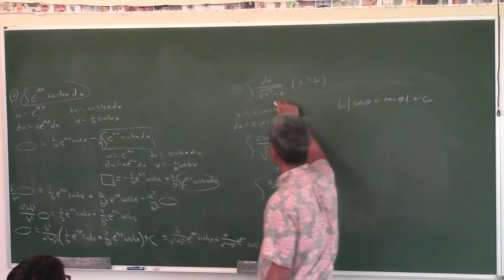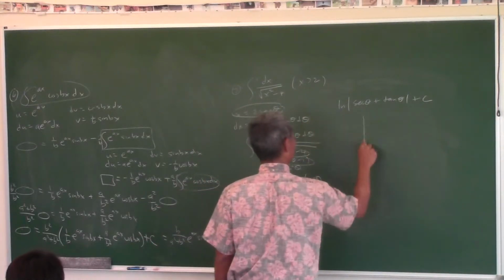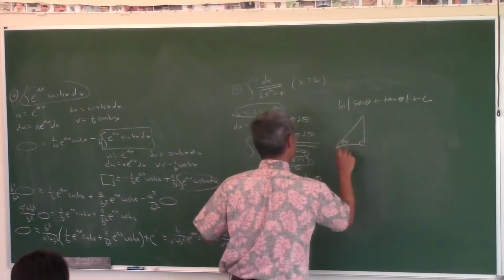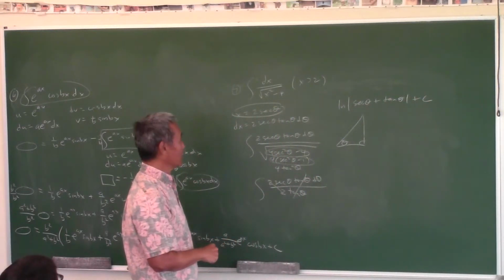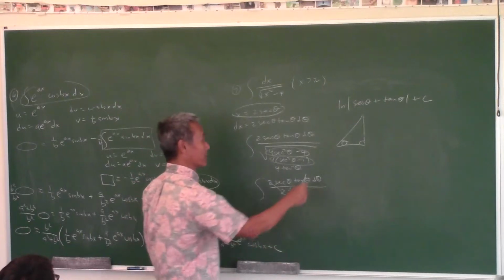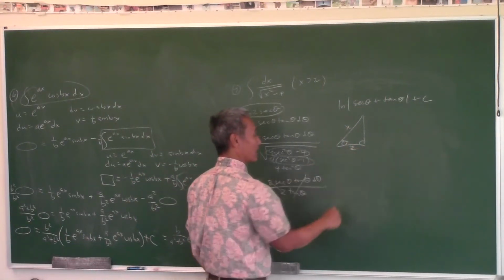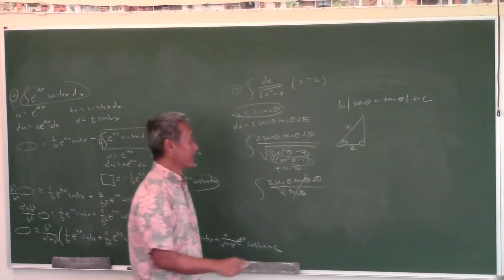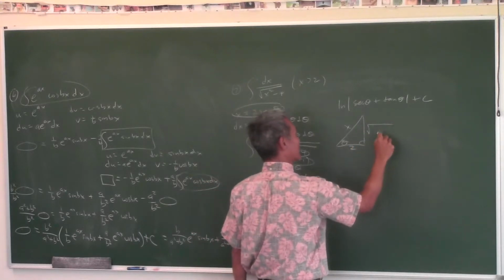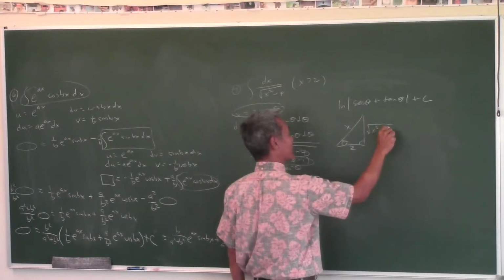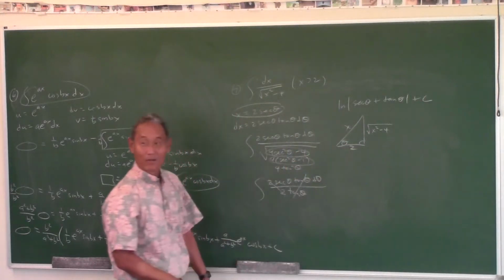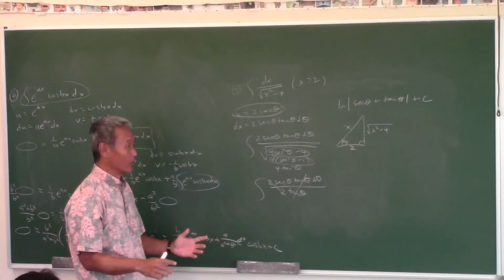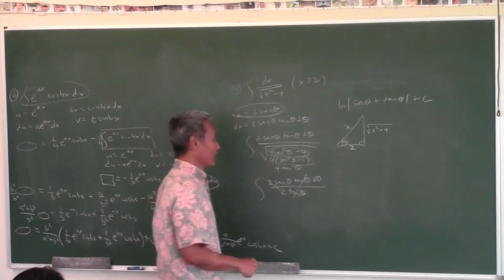Now, how do you change it back? You go back to your substitution and draw the triangle. Isn't this the same thing as saying secant theta is x over 2, if you move the 2 on this side? So then secant theta is x over 2, hypotenuse over adjacent. And then you use the Pythagorean theorem. So that's going to be the square root of x squared minus 4. Oh, what a surprise! That expression is like the one in the integral.